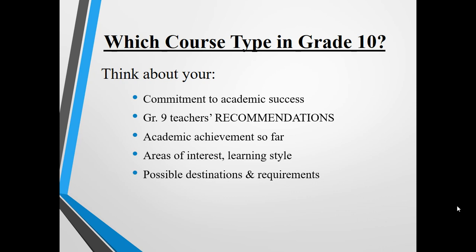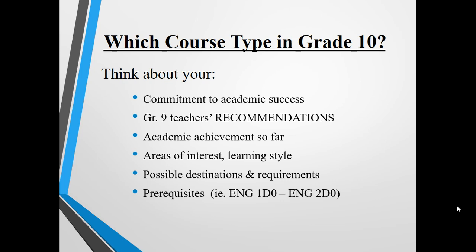And you may want to consider those possible destinations and requirements. That's that research that you could do for Ontario colleges, universities, or apprenticeship. And keep in mind, there are prerequisites. However, moving from grade 9 to 10, most of the courses are pretty open and prerequisites are not going to be a problem for you.